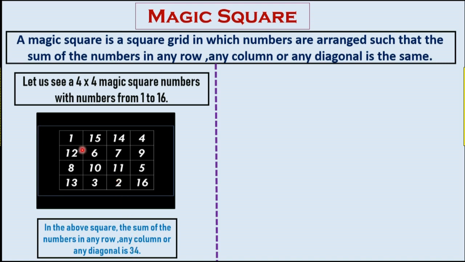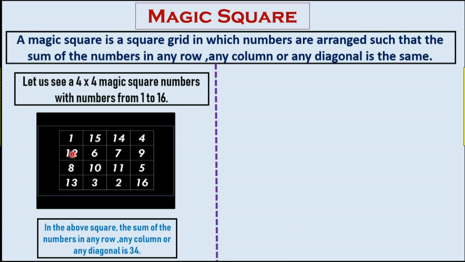Now see, in the above square, the sum of the numbers in any row, any column or any diagonal is 34. Just see how. See this row. 1 plus 14, 15 plus 15, 30 plus 4, 34. Now when the numbers in this row are added, that is equal to 34.